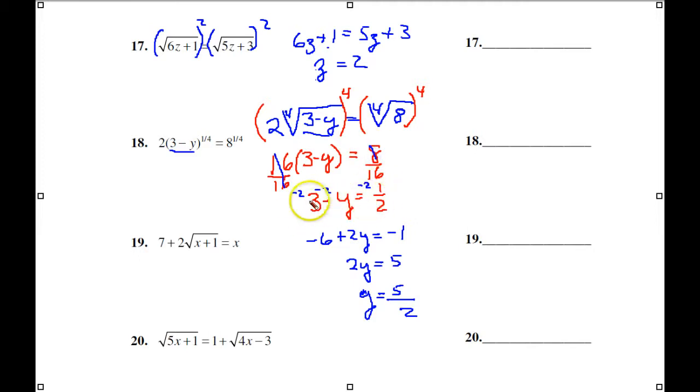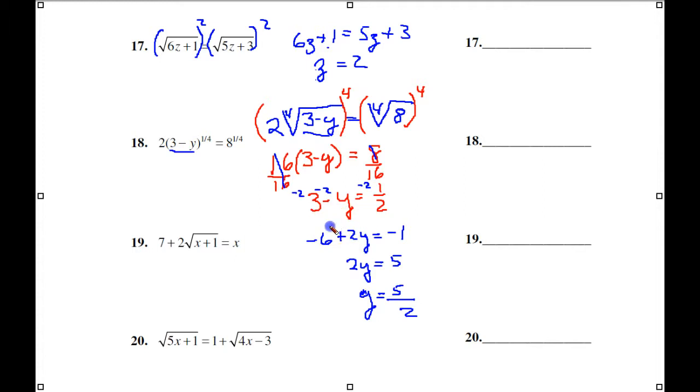So here's what I have in red, which looks pretty simple. There's a couple of ways to do it. I chose to multiply each term by a -2 so that my y became positive. So this is a -6, a positive 2y, and this is a -1.